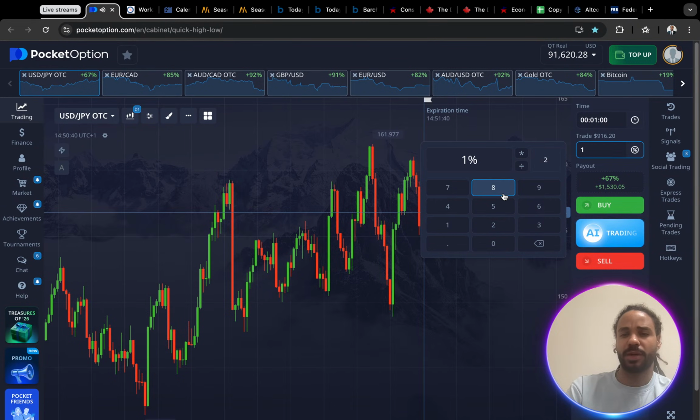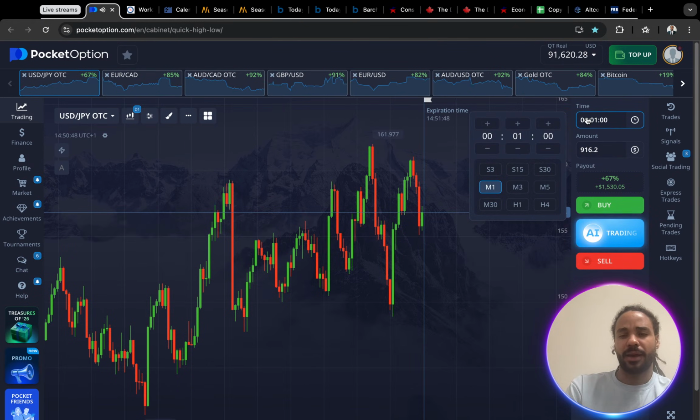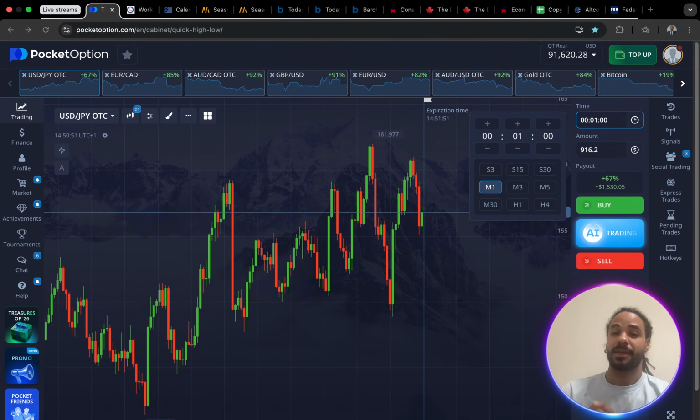I always stick to 1%, and it will show you immediately what the dollar amount is. When you're using expirations, it's very important to understand, again, the sentiment and how long you plan to be in the trade. You cannot scalp on such big news releases.